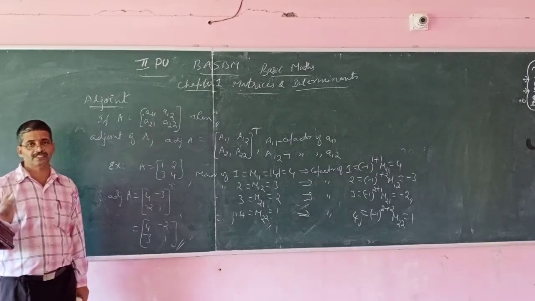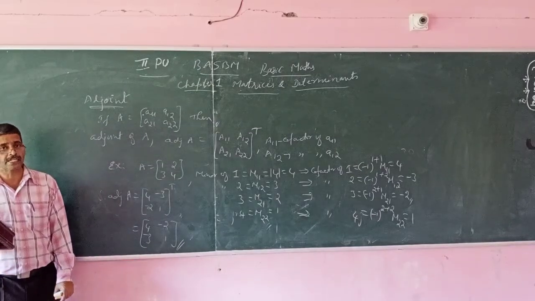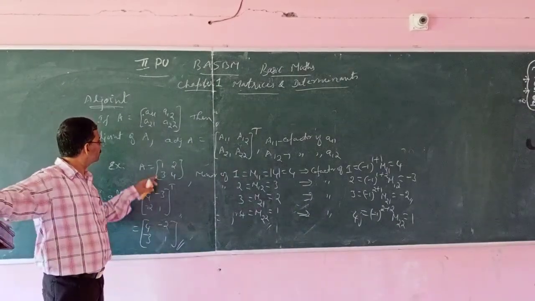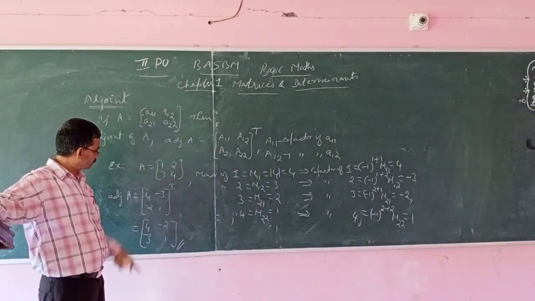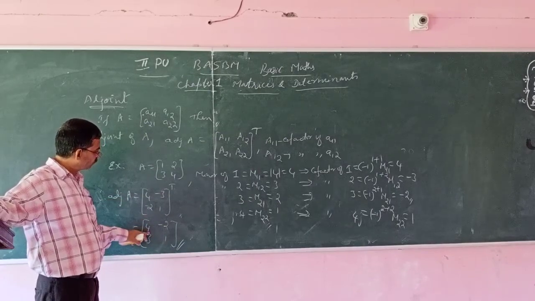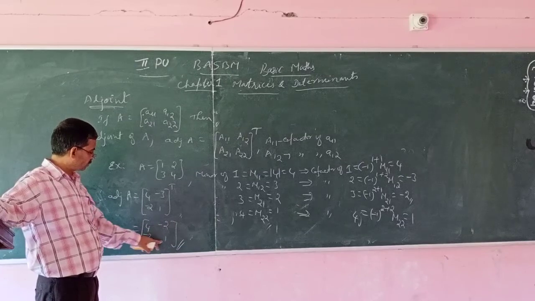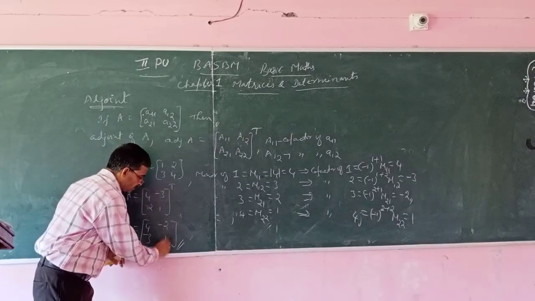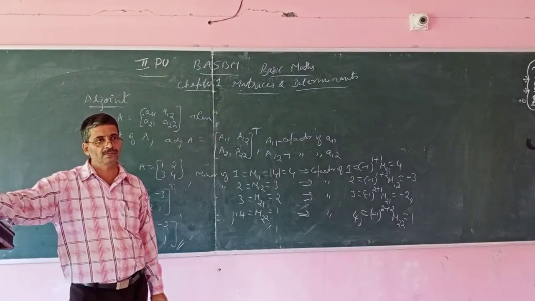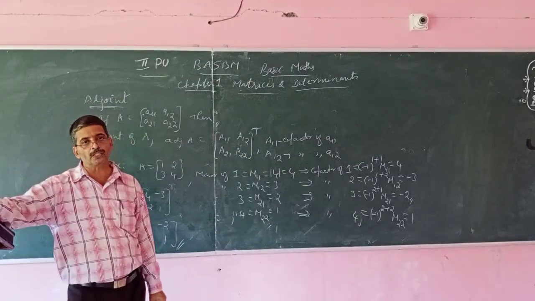Now we are observing here, for a second order matrix, what have you observed? A equals 1 2 3 4 means we have got adjoint of A equals 4, minus 2, minus 3, 1. So actually you can easily find the adjoint of a matrix of order 2.